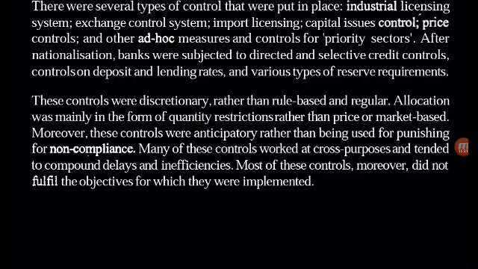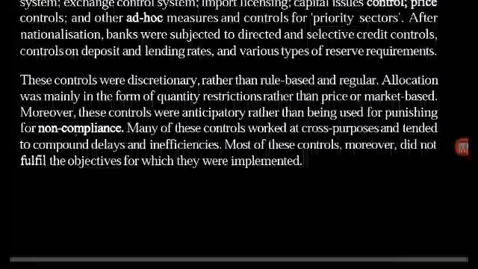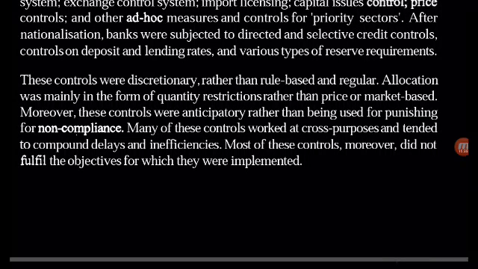After nationalization, banks were subjected to directed and selective credit controls, controls on deposit and lending rates, and various types of reserve requirements. These controls were discretionary rather than rule based and regular.